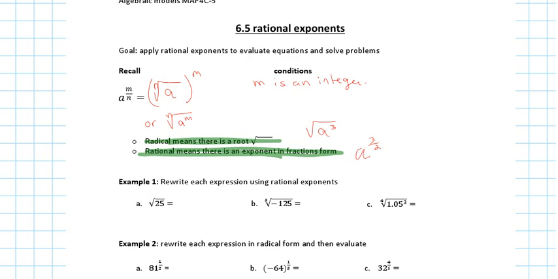N has to be a positive integer. All right? So n has to be a number that's greater than 0, because I can't divide by 0. So I can't have a to the power of 3 over 0. That's not allowed. Okay? So n has to be what we call a natural number.